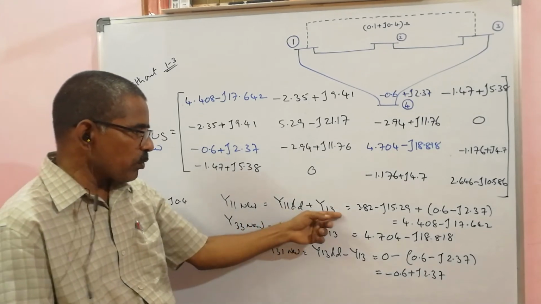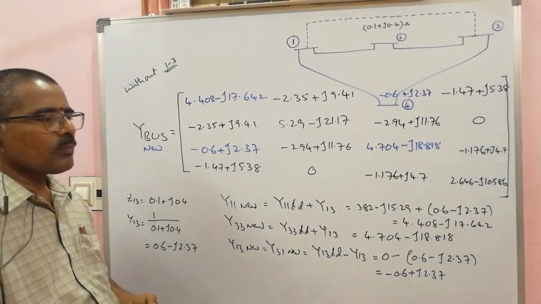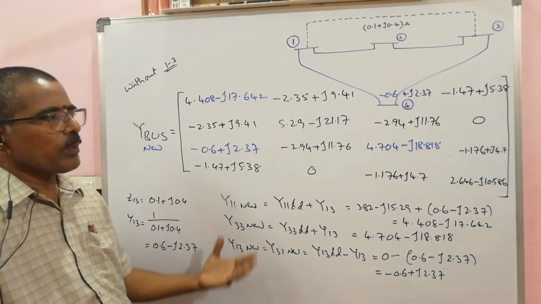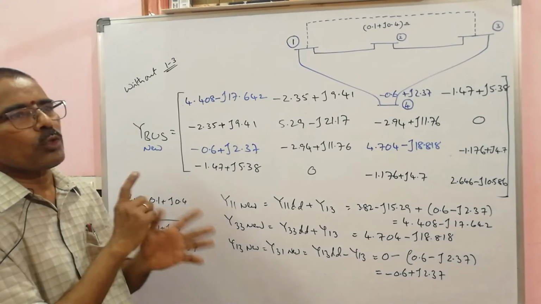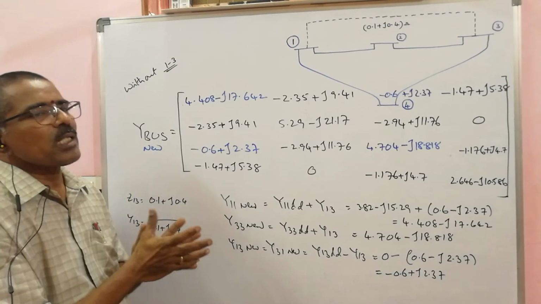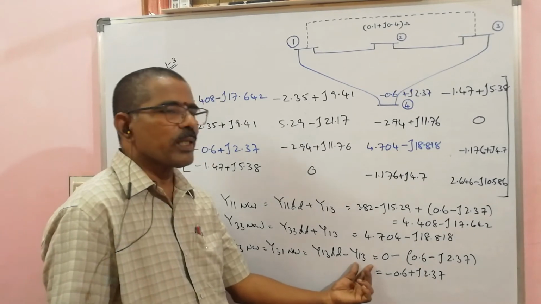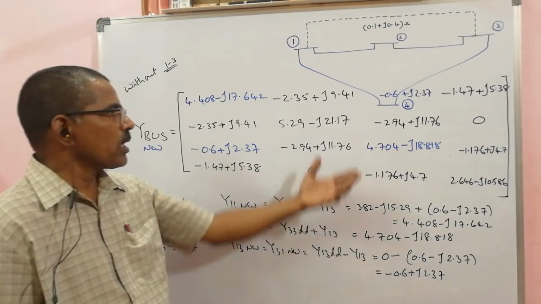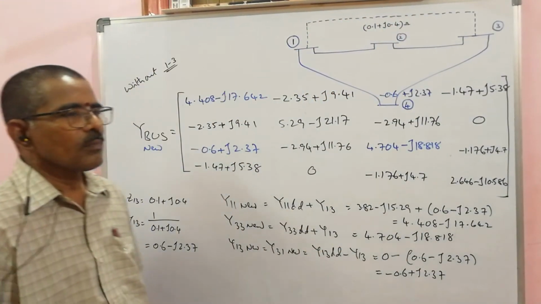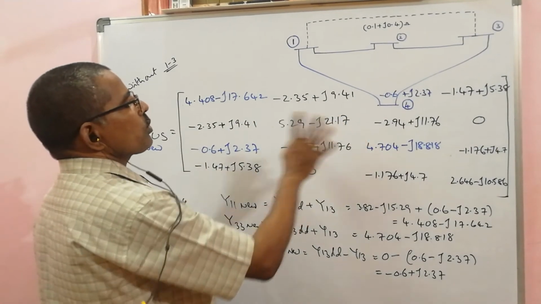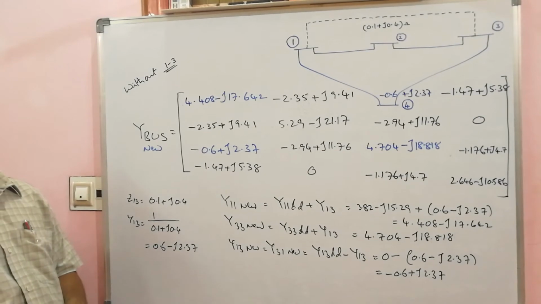So Y11 old plus Y13, Y33 old plus Y13, that is this. If it is mutual, that means transfer admittances, normally we add all admittances between those buses directly with negative sign. So old value minus of that admittance. So old value is already 0, 0 minus this admittance. Okay. So those values are to be substituted. That becomes Y bus new.